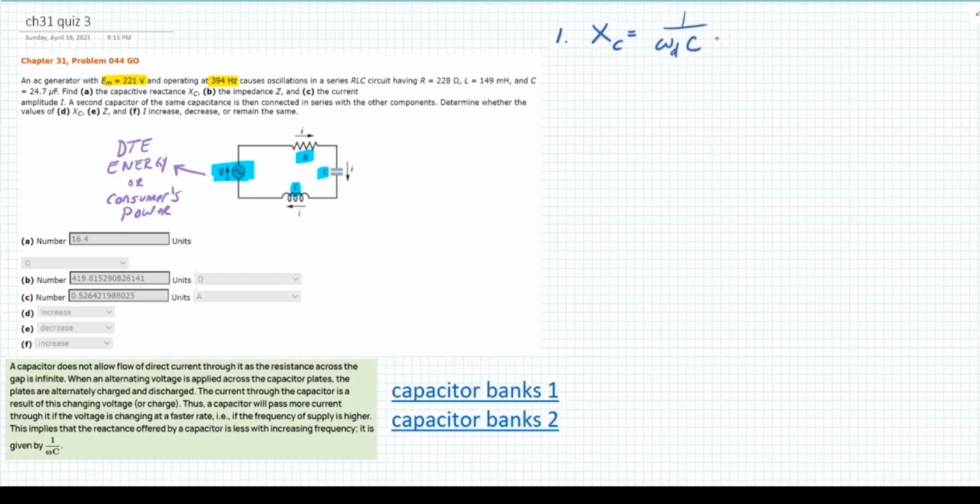That's the answer. Before we go on, a little sidebar about what this really is. X sub C is the capacitor's version of resistance in an AC circuit.